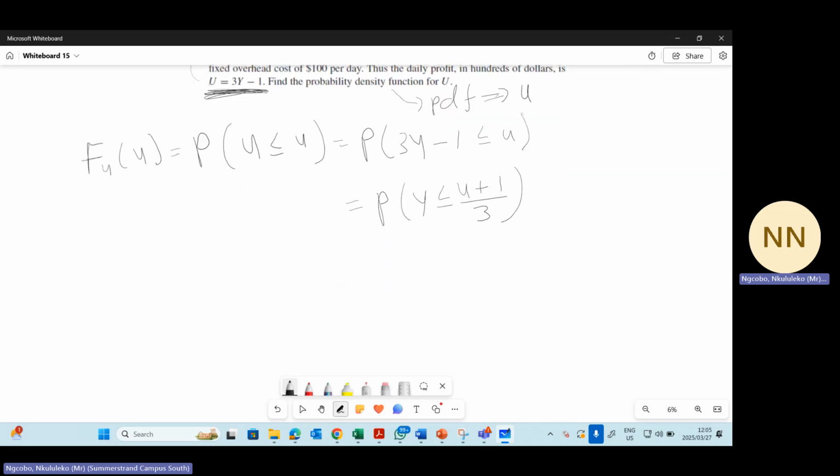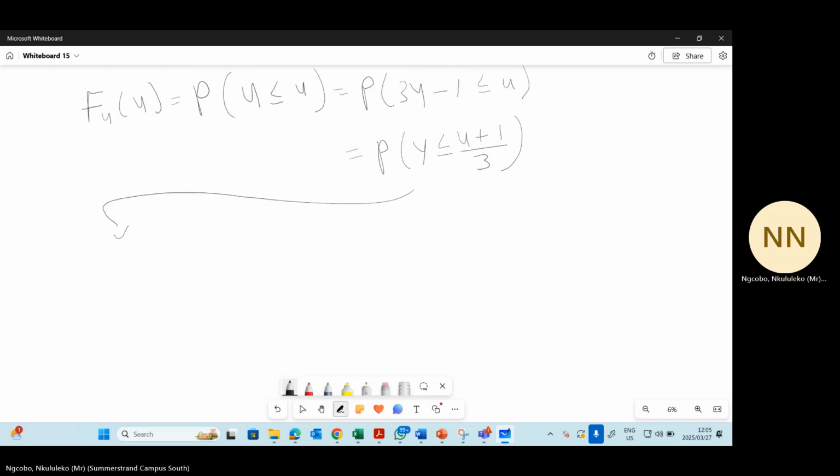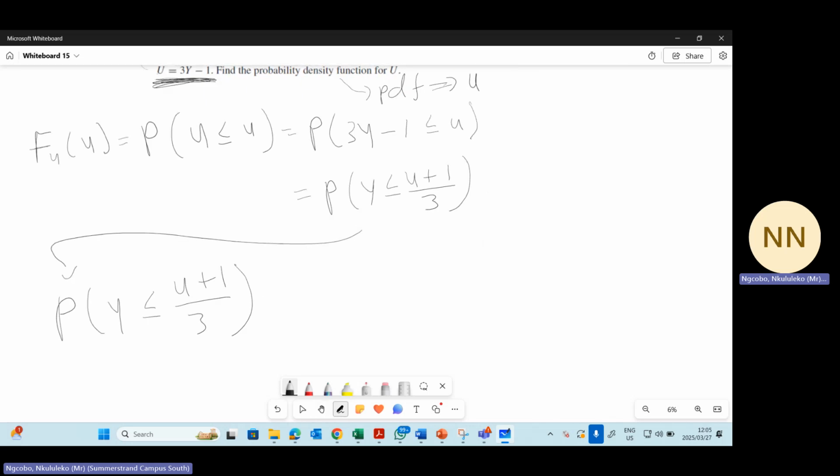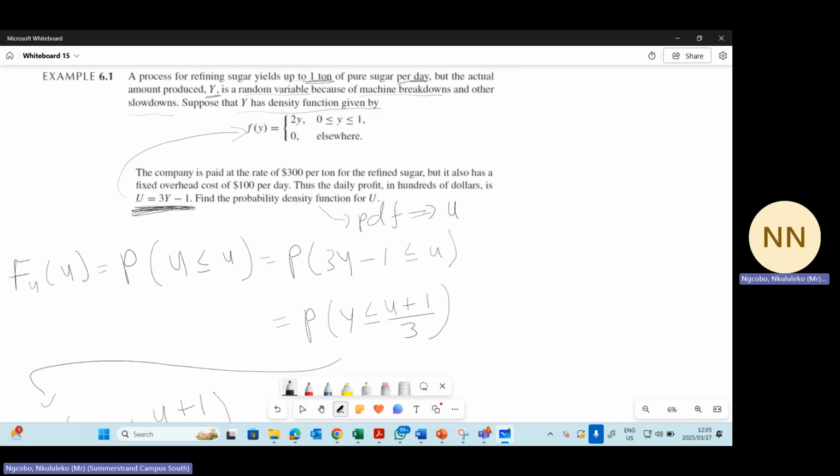Then how do you find this probability? To find the probability of Y less than or equal to (u plus 1) divided by 3, you look at the intervals of Y, right? So if you look at what you're given, Y is greater than or equal to 0 but less than or equal to 1, right?